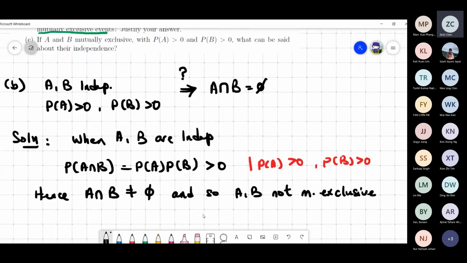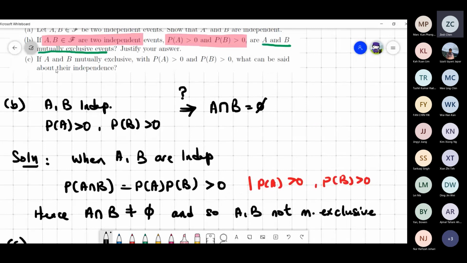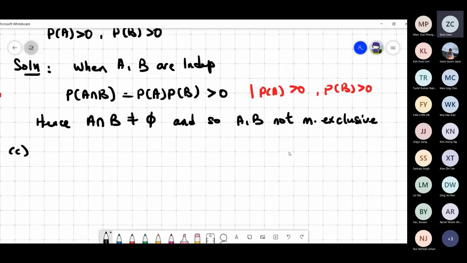Okay, so using similar arguments, we can solve part C. Part C will be again similar. We are assuming A and B mutually exclusive and P(A) and P(B) greater than 0. Can we check whether they are independent or not? So of course, this is no. We can see when A intersect B is empty, that means P(A and B) must be 0.